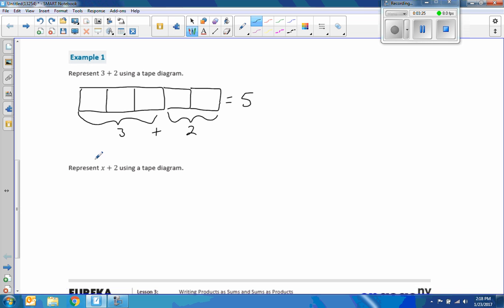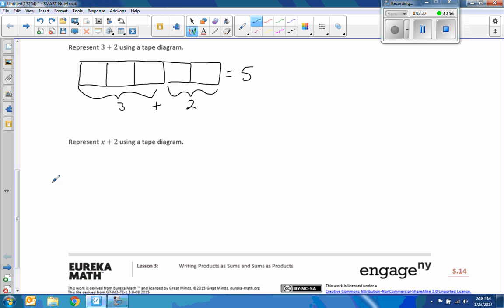Okay. Represent x plus 2 using a tape diagram. This one's a little bit different. We don't know x, so let's make that a bigger, obviously different sized rectangle than the unit amounts that we do know, which is 2. So this is 2, because this is worth 1 and that's worth 1. And this one is x. So x plus 2 is some unknown plus 2.